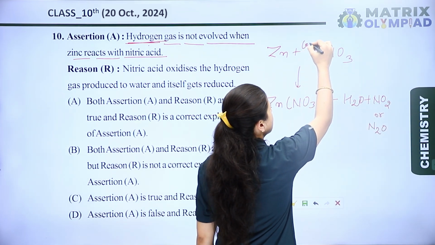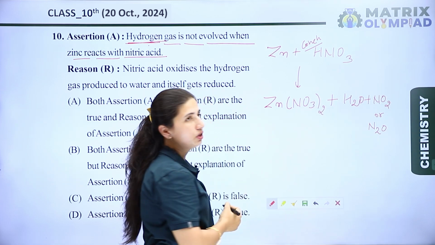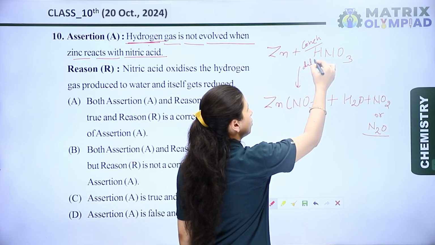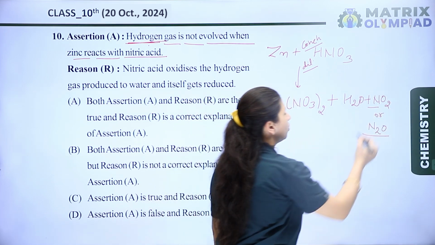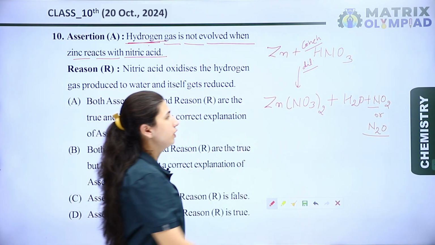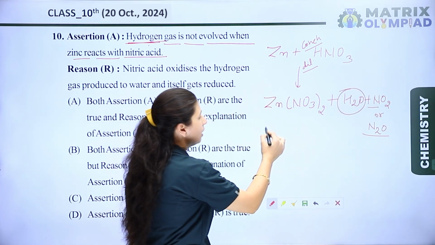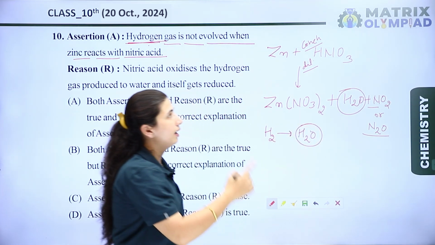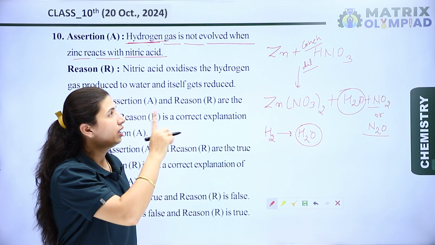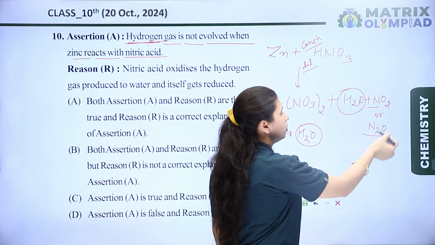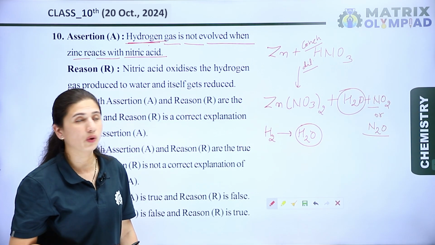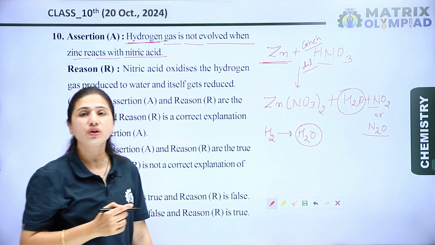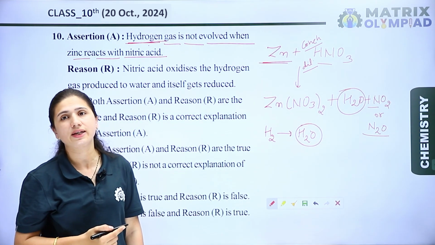It means the hydrogen is oxidized into H2O and the nitrate ions of nitric acid are reduced into NO2 and N2O. So when zinc reacts with HNO3, HNO3 behaves as a strong oxidizing agent here.